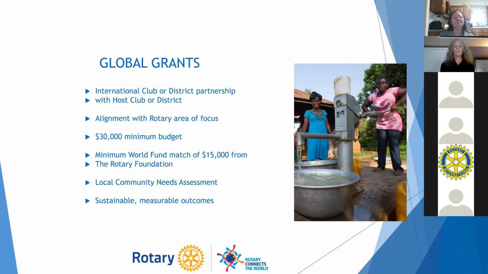A global grant must be the result of a local community needs assessment. That's now very important to the Rotary Foundation. And it is required that a global grant project be sustainable into the future and that the outcome of the project is able to be measured in some respect.